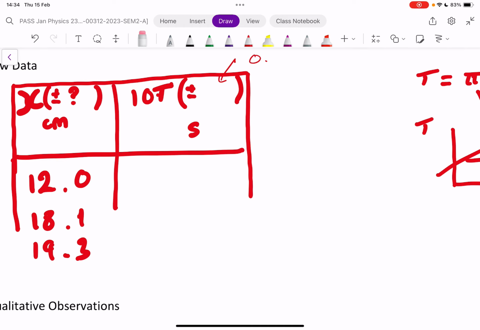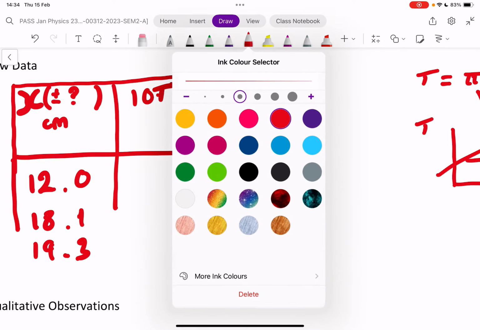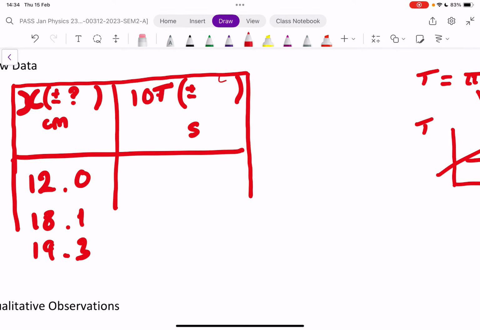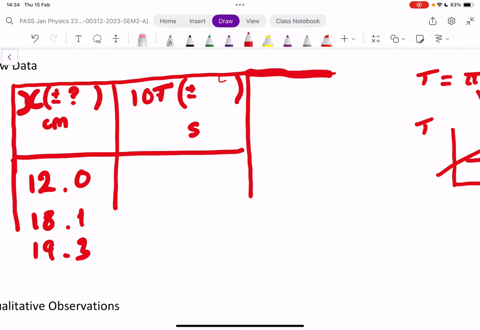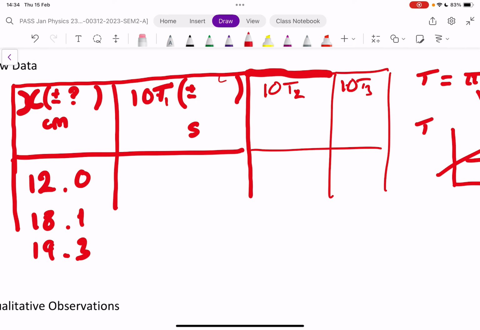Okay, so given that information, that's not all that we need. We also need repeat readings. So we're going to need 2 more columns, and I will be calling these 10t1, 10t2, and 10t3. And record your numbers running along.